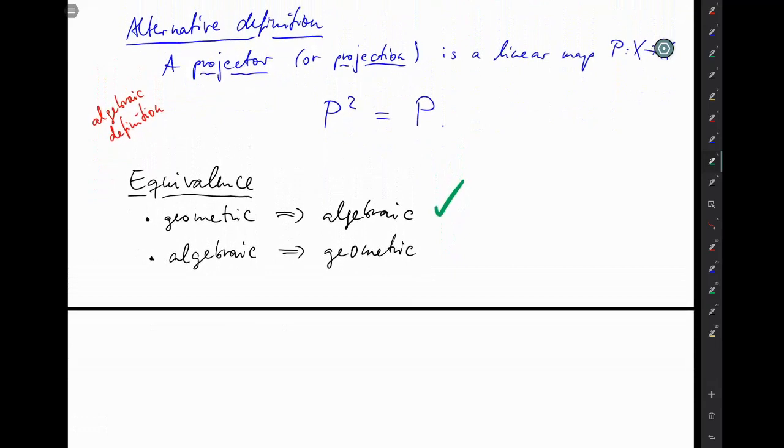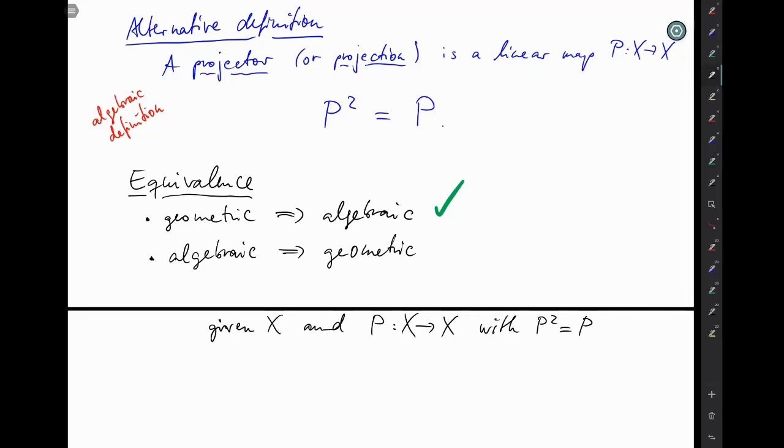All we have is our space X and our projector P that is subject to P squared equals P. So where do we get all the geometry from? Where's our space U coming from? Where's our space V coming from? How do we see it's a direct sum, and what's the complementary projector?